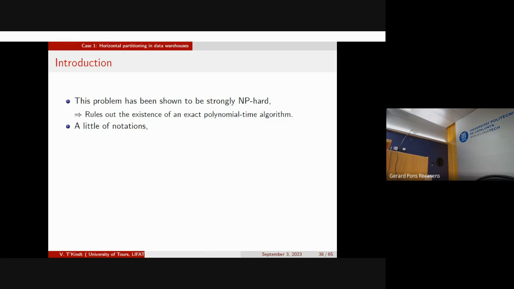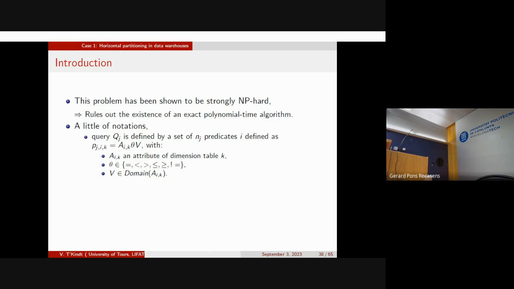We just give a few notations before explaining what could be done. For each query Qg, we have a set of ng predicates that are defined like that. Predicate gik is defined by an attribute Aik of the dimension table k, an operator theta (equal, lower and so on), and a value v of the domain of Aik. We are also given a weight Wg for query Qg, which reflects its frequency.